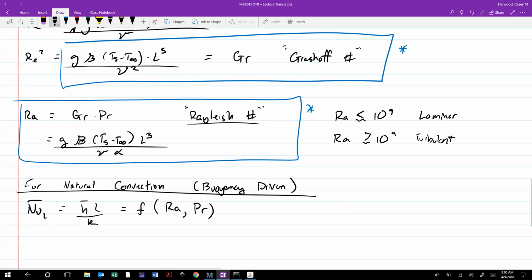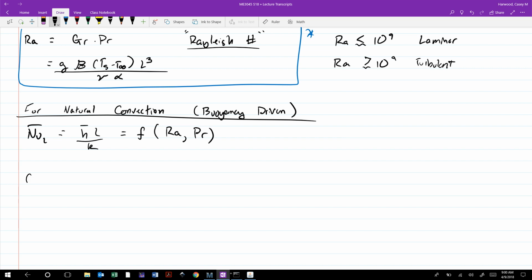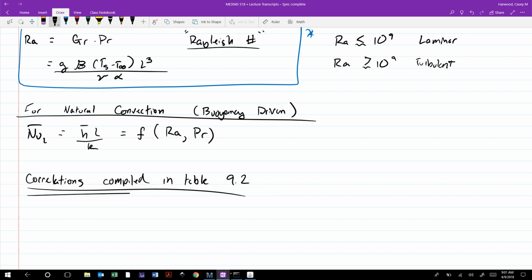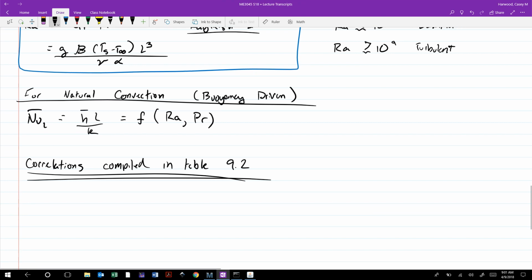So these correlations are compiled in table 9.2. You're going to want to get familiar with that table, and you'll get a chance to do that on the homework.